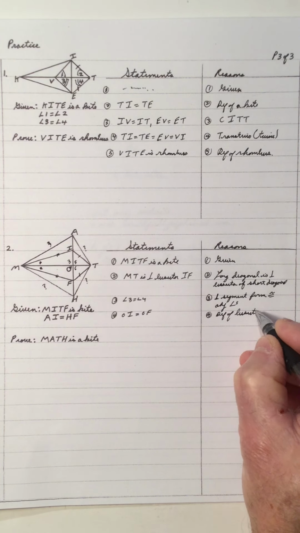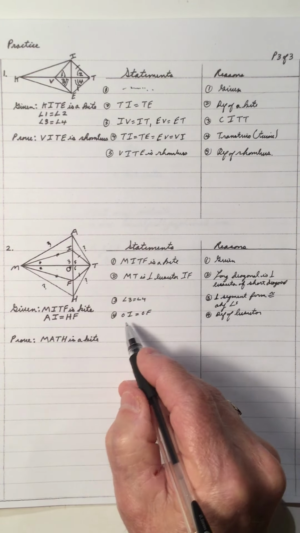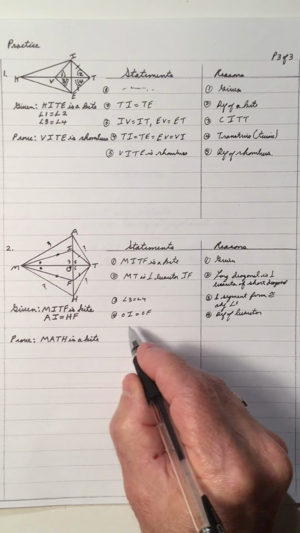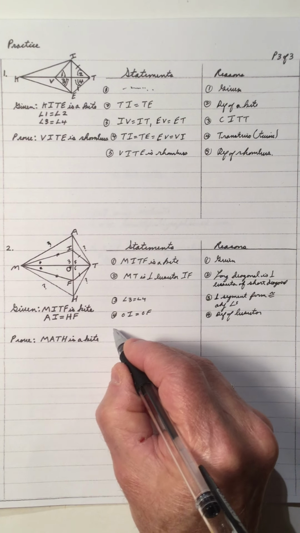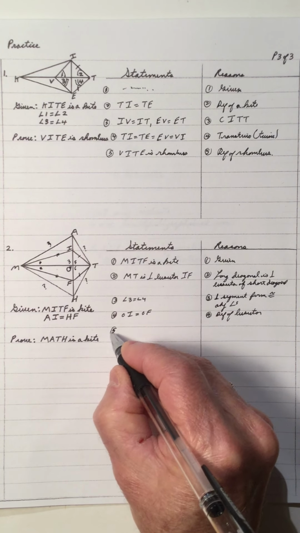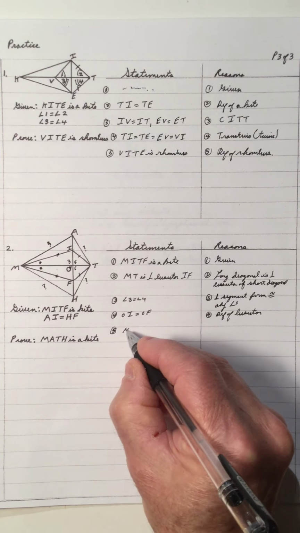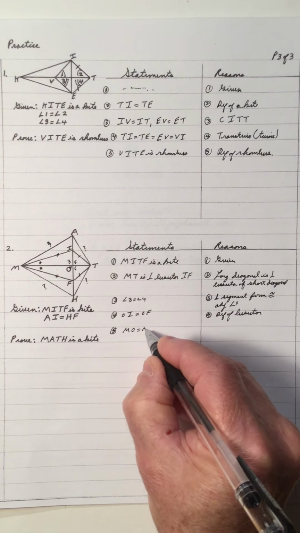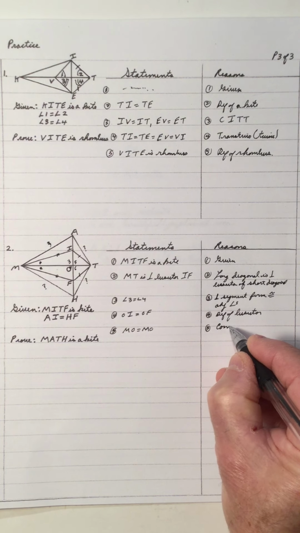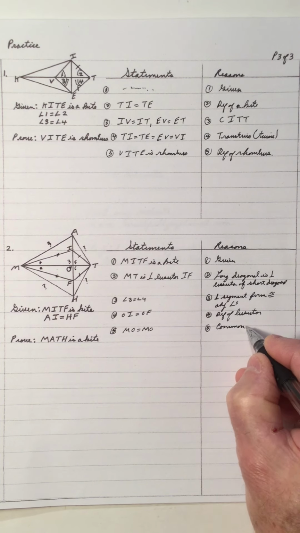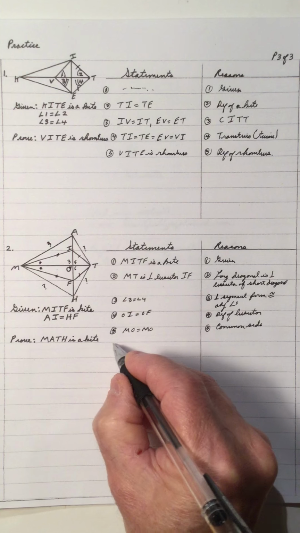The long diagonal is the perpendicular bisector of the short one. So we have angle 3 is equal to angle 4. That means we can say that MO equals MO, a common side of the triangles.